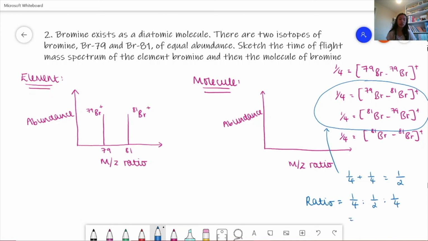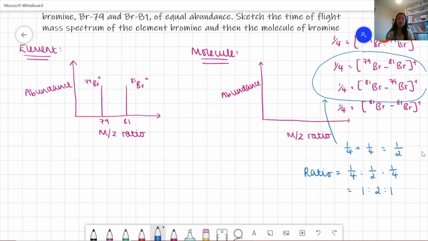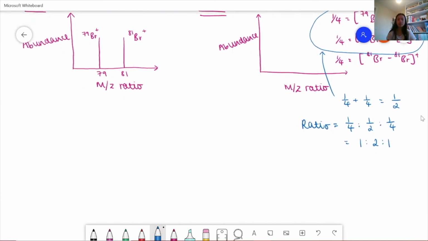And this is actually equal to 1 to 2 to 1. And so now we can draw our time of flight mass spectrum. So what we have is the abundance and then the m/z ratio.